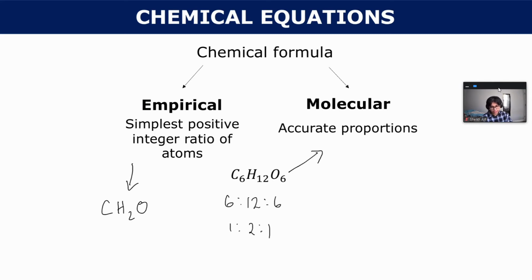And it follows this ratio right here, which is the simplest whole number ratio, sorry. So what empirical does is that it simplifies it. So in one molecule of glucose, you're not going to find one carbon, two hydrogen, and just one oxygen. But empirical formula simplifies everything, and it makes chemical formulas easier to deal with.